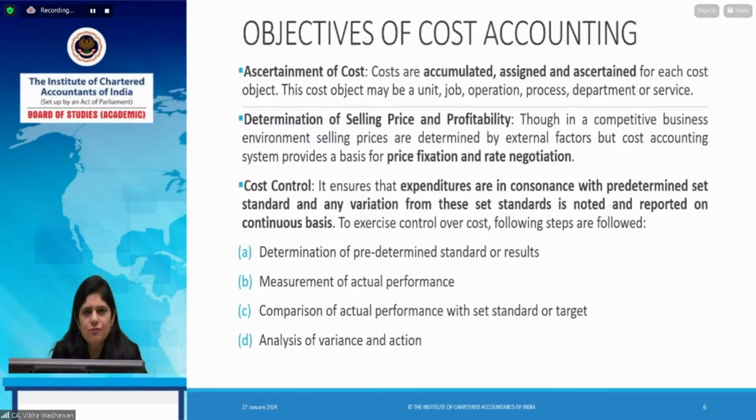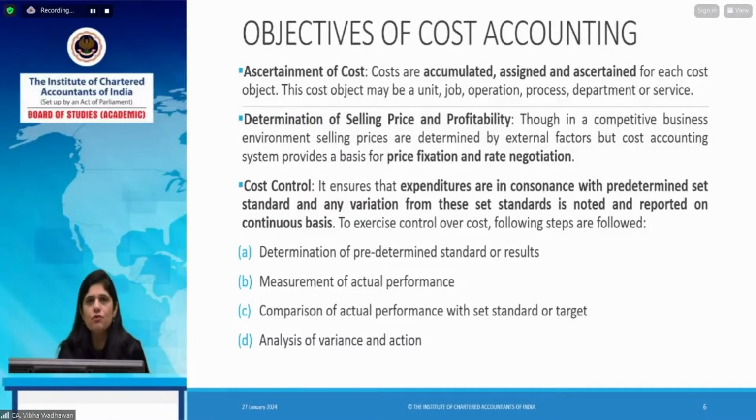Cost control, of course. It ensures that expenditures are in consonance with predetermined set standards and any variation is noted and reported. So cost control, basically, is a continuous process. Standards are set for each component of cost. Then actual cost is measured. And then actual performance is compared with the standards set.